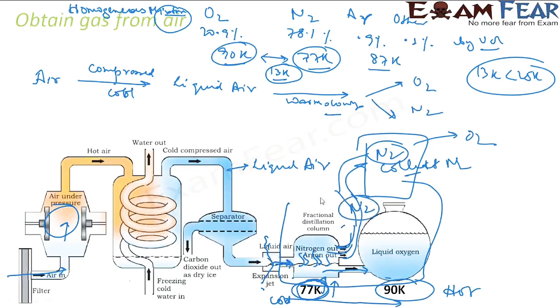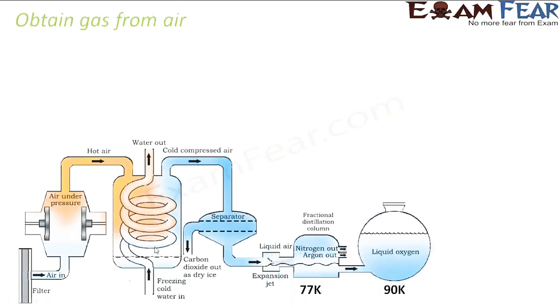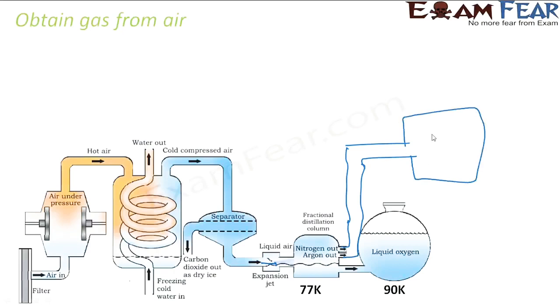Hope you understood the flow. So let me explain this once again. Here we have liquid air, and this part which you see is connected to a tank, and this is nitrogen. This is the liquid air.